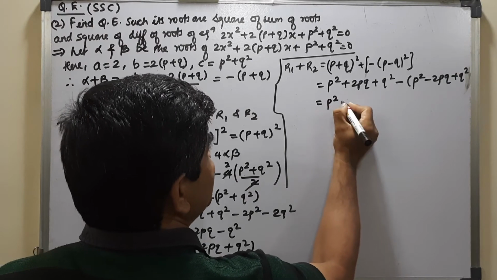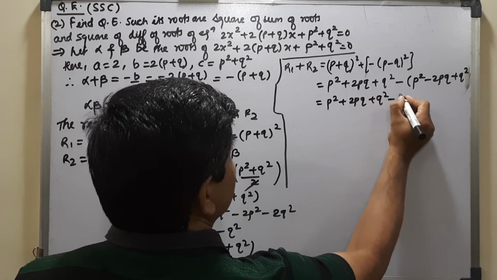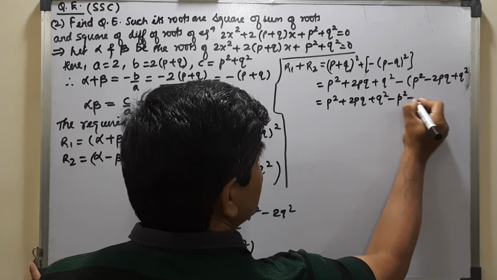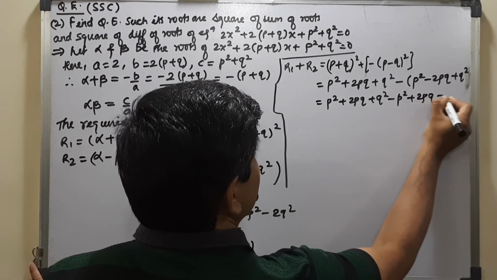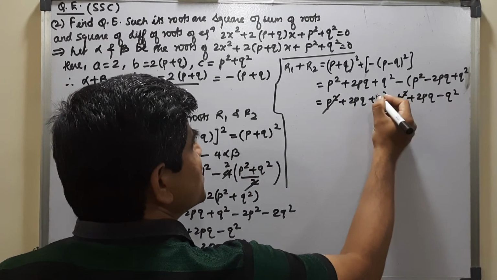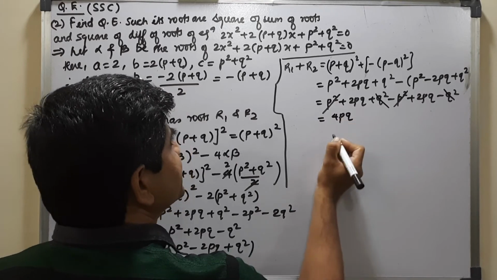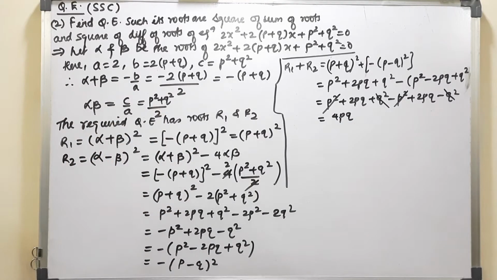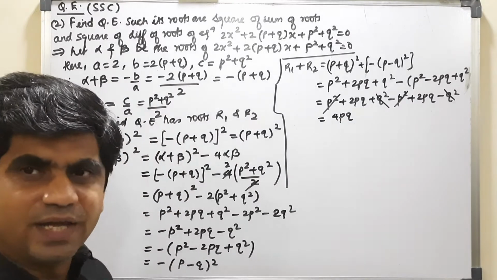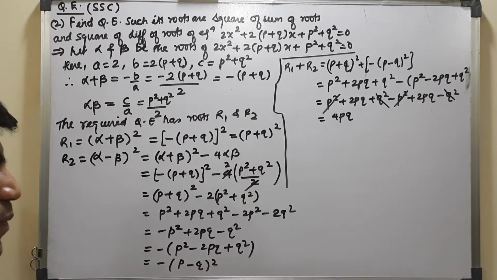I get this as p square plus 2pq plus q square minus p square plus 2pq minus q square. So this goes, even this becomes 0, that is 4pq, that is r1 plus r2. Okay, so r1 plus r2 is your 4pq.